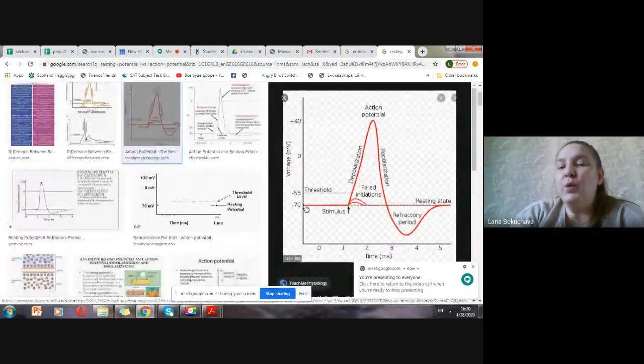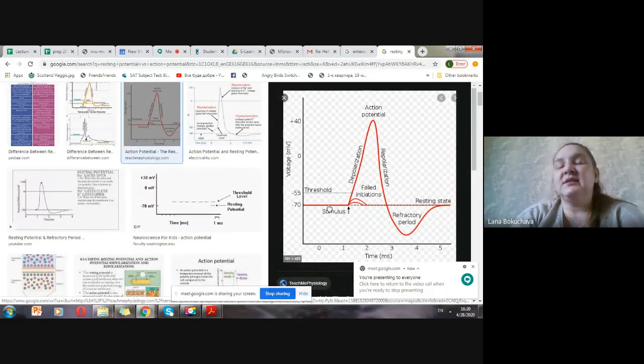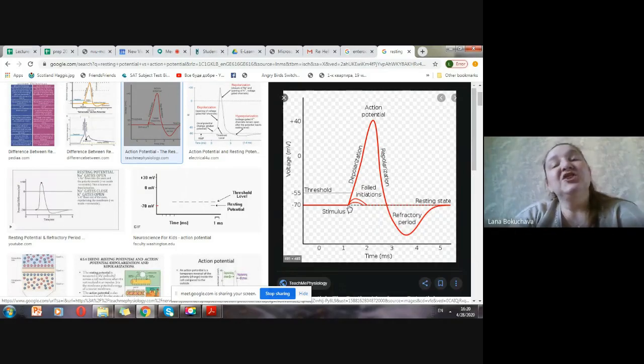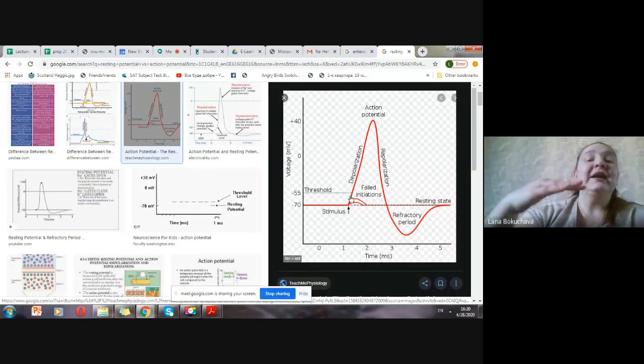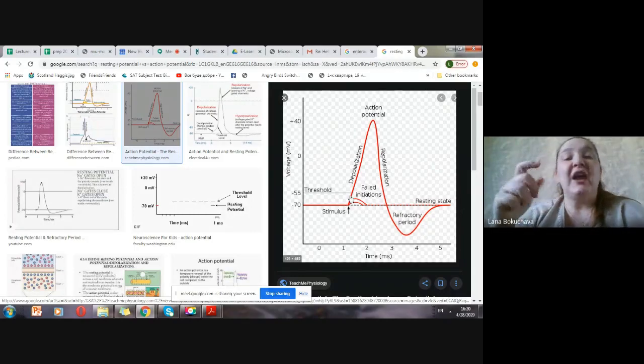So nothing is happening in our cell because it is electronegative inside. But as soon as we have the stimuli, we have the opening of the channels for the cations, the positively charged ions, and they start to enter. So we have an influx of them, and as a result the electronegativity changes.